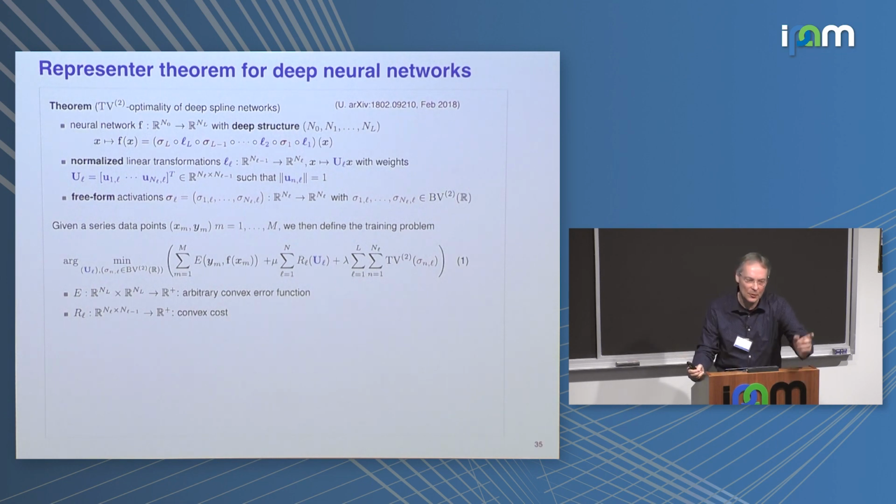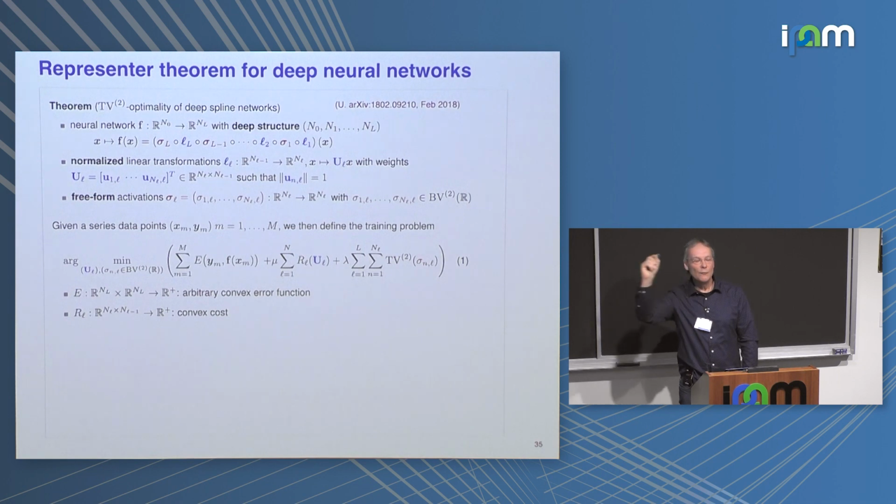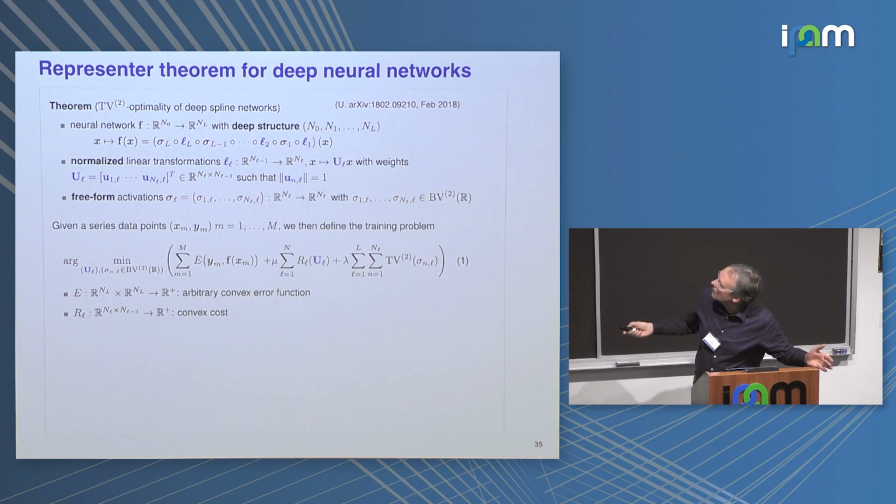Now it's published in the Journal of Machine Learning Research. So you have now a neural network, and now we are optimizing any cost. This could be some kind of cost for goodness of fit, some regularization like weight decay, let's say L2 norm of the weights. And now we just add a total variation 2 over every neuron, because we have layers and we have also neurons going like that. And now guess what's the solution?